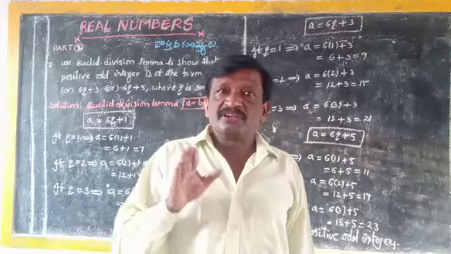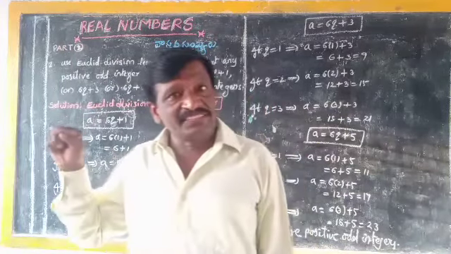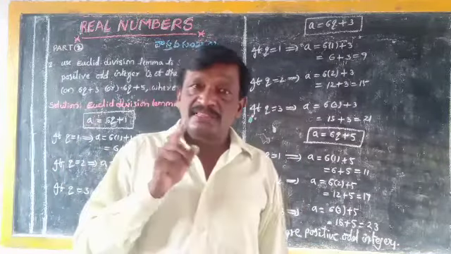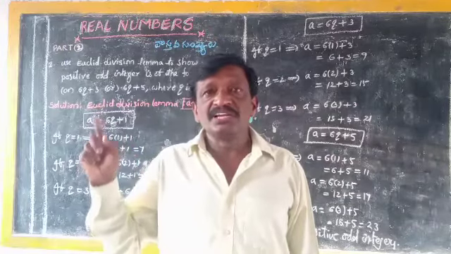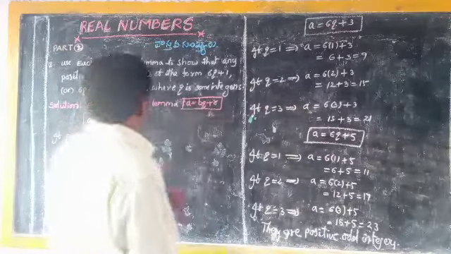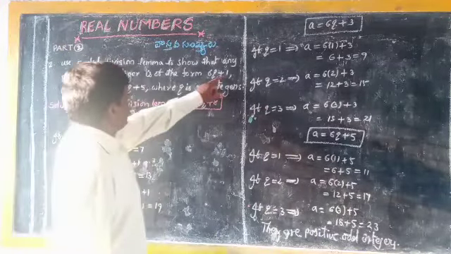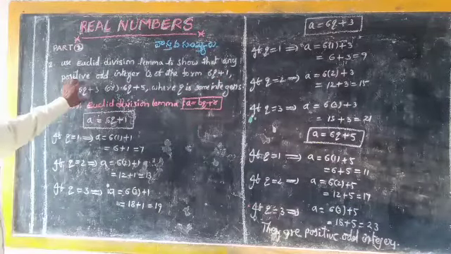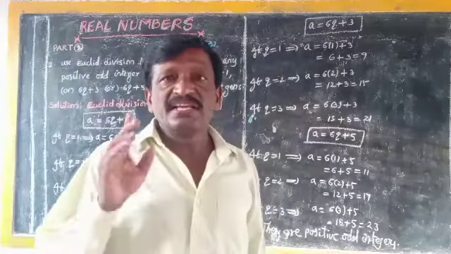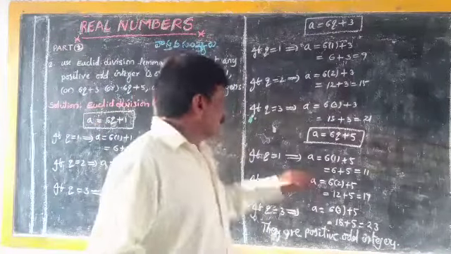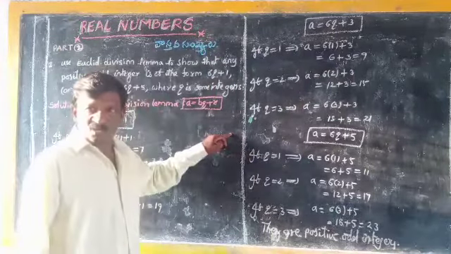The number which when divided by 2 leaves remainder 0 is even. The number which when divided by 2 leaves remainder 1 is called an odd number. So 6q plus 1, 6q plus 3, 6q plus 5 divided by 2 leave remainder 1. They are also odd integers. Is it understood? Okay.